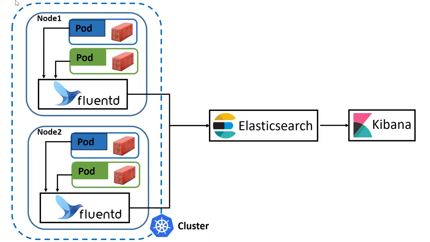So it's mandatory that your Fluentd is running on the Kubernetes cluster. If you want, you can keep Elasticsearch and Kibana outside. But if you keep them inside, it's easy for you to manage and easy for giving the connection because everything is within the cluster.